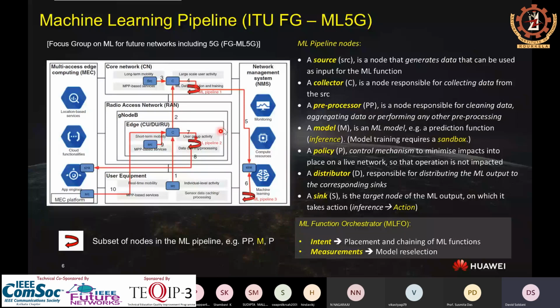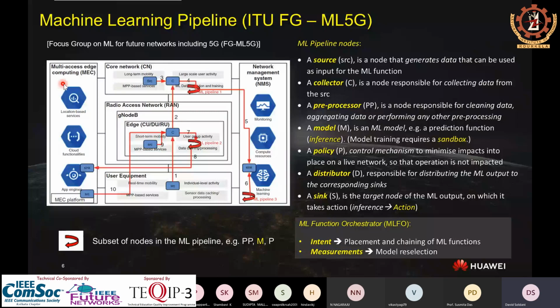And then on top of it, we have the core network, and then adjacent to that, we have the network management system, the NMS, in its various configurations. And connected to the core network here, we have the multi-access edge computing platform.